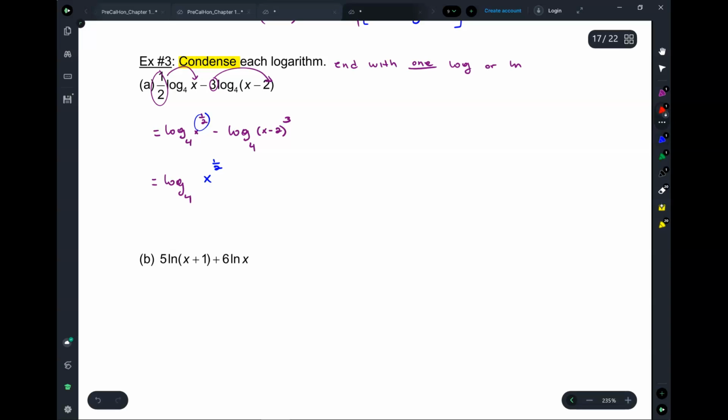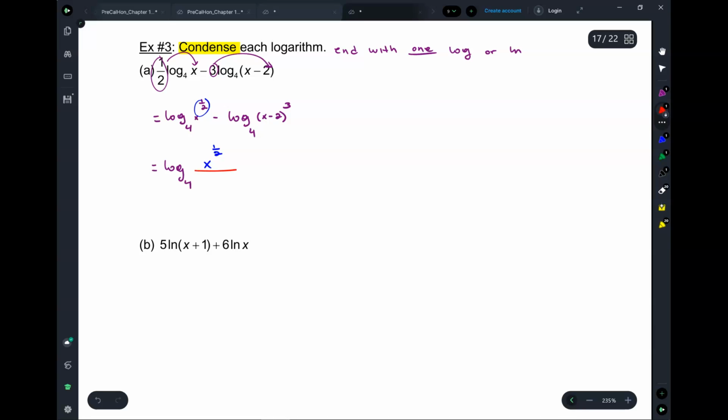If it's a minus, it's got to go underneath, and you say x minus 2 cubed. Now you can leave it like this, or you can say log base 4 root x over x minus 2 cubed. Either one of these is okay.